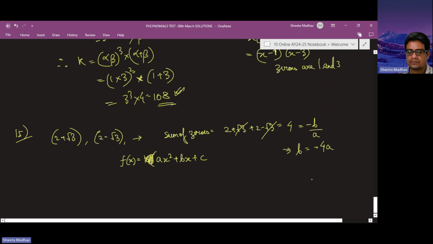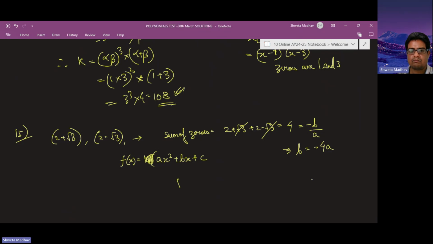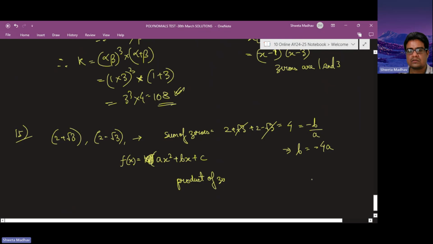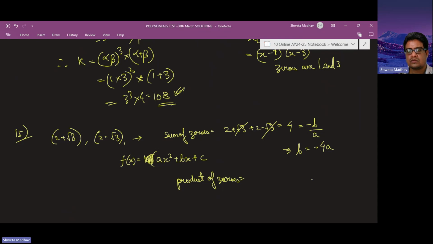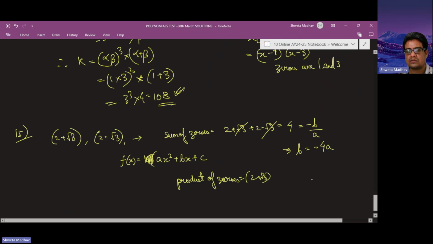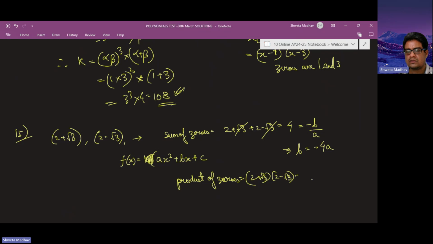And the product of the zeros will be equal to 2 plus root 3 into 2 minus root 3, which is equal to 2 square minus root 3 whole square, since a plus b into a minus b is a square minus b square, which is 4 minus 3, that is equal to 1.